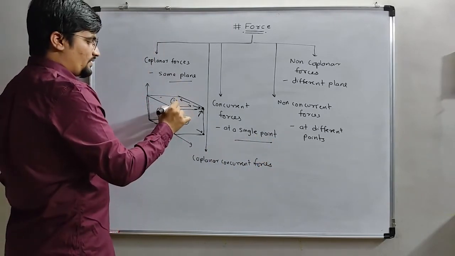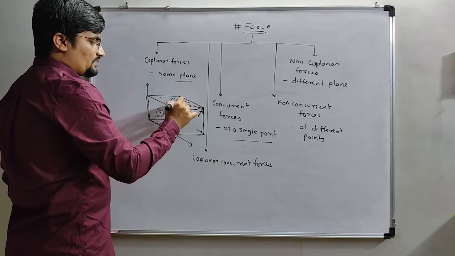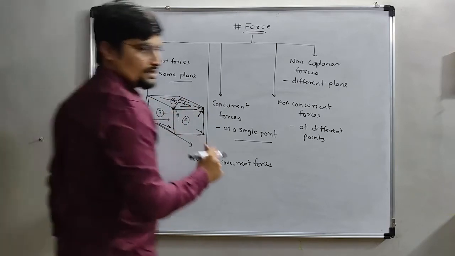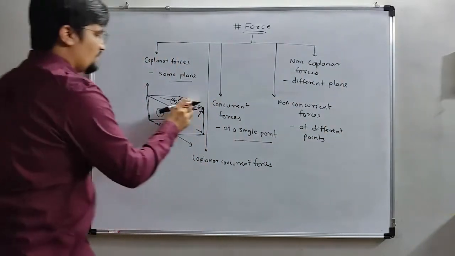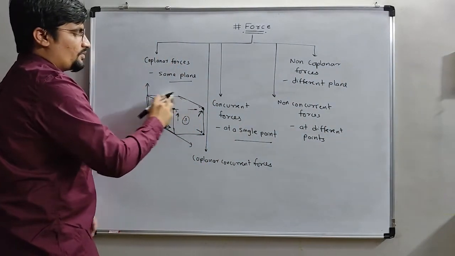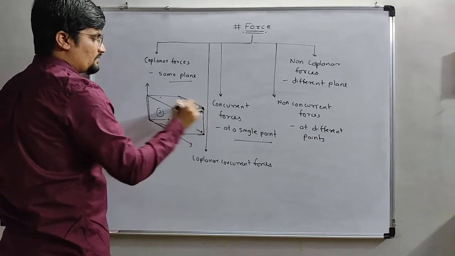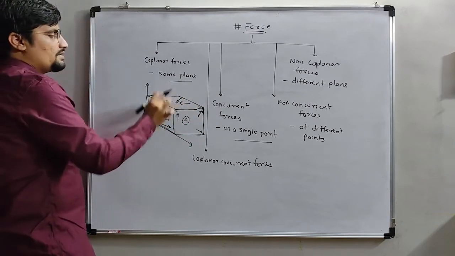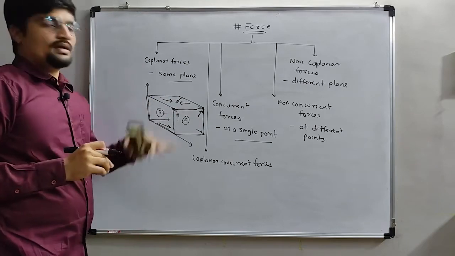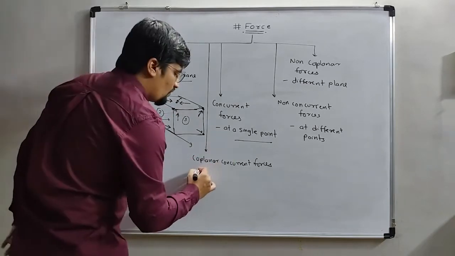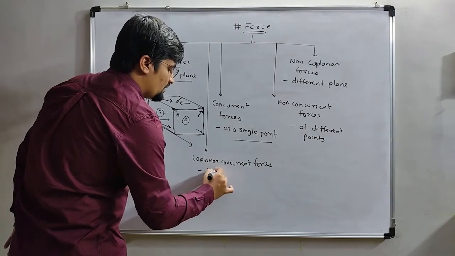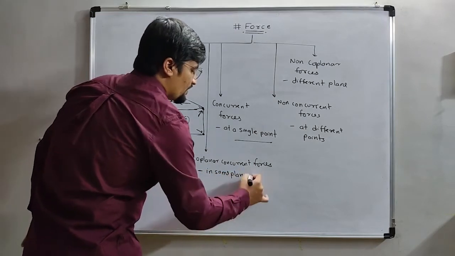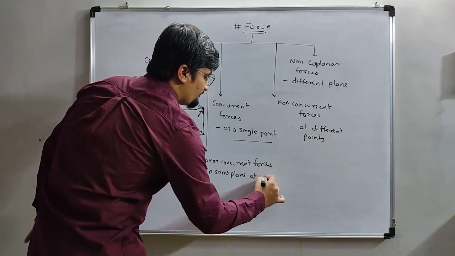This is one point and the forces occur here, here, here. If this is one point and this is one plane, the forces will occur here, here and here. So this one is in the same plane at a single point, so it is known as coplanar concurrent forces: in the same plane at a single point.